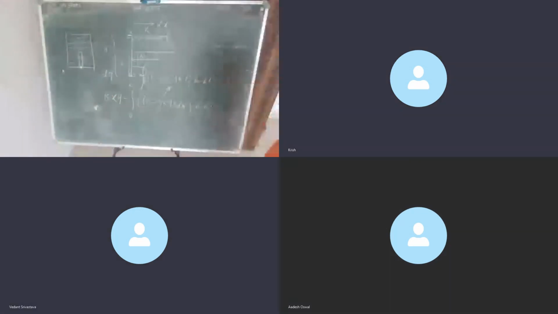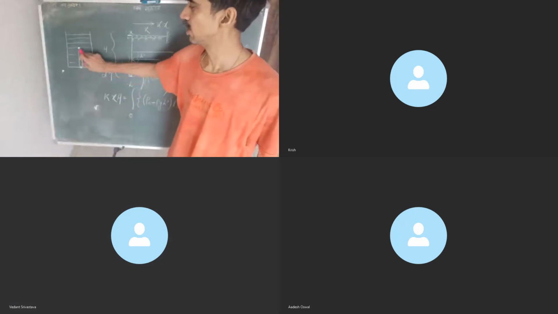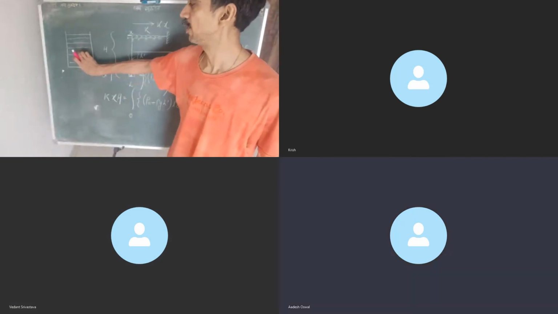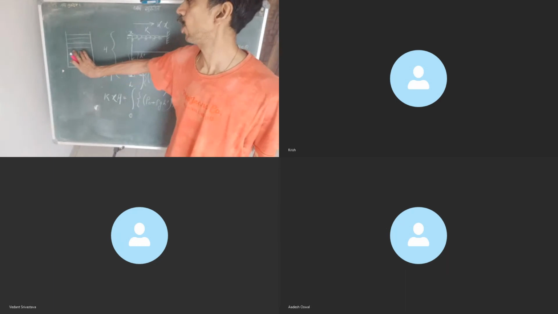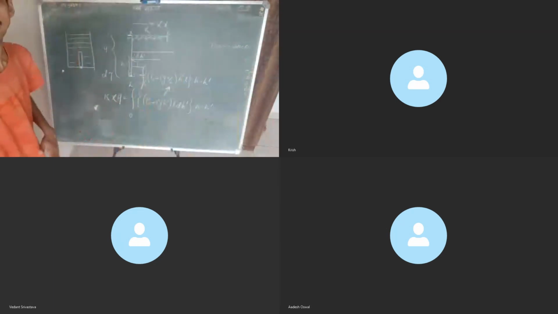They will ask what is the force on this part, and whether it will be safe to operate up to a certain height or whether it will open. Those questions can very well be asked.